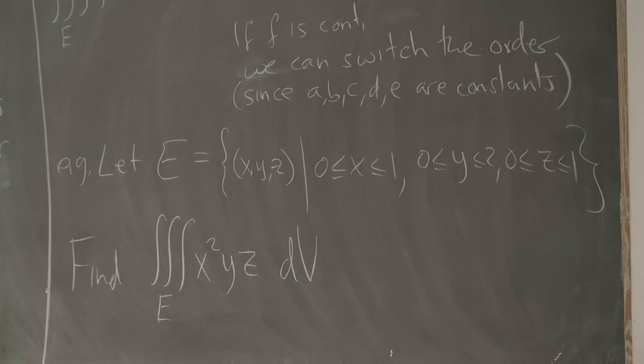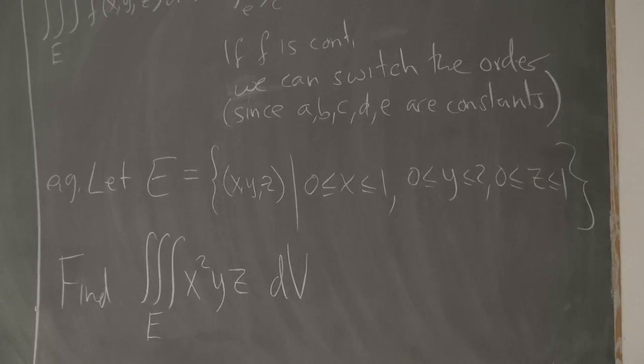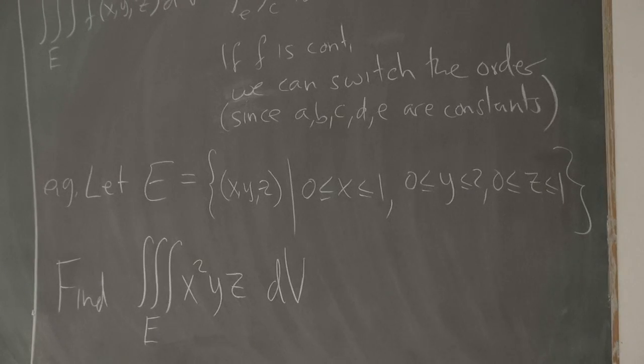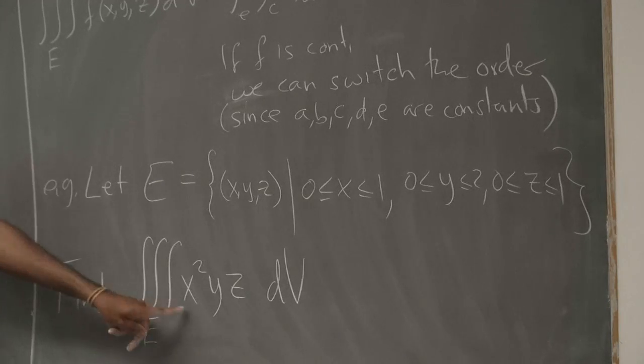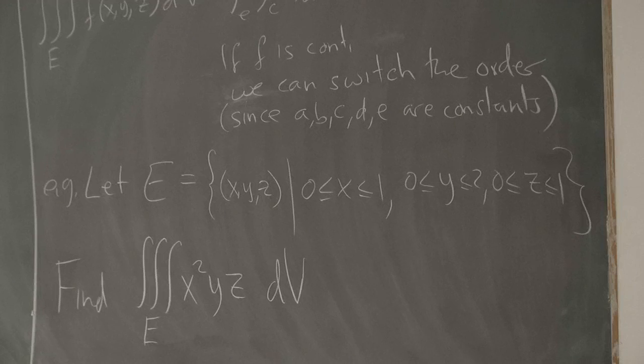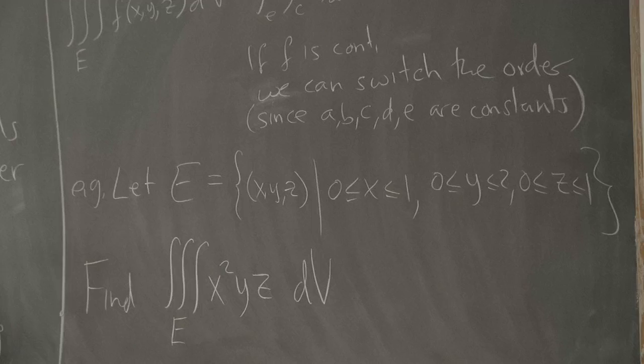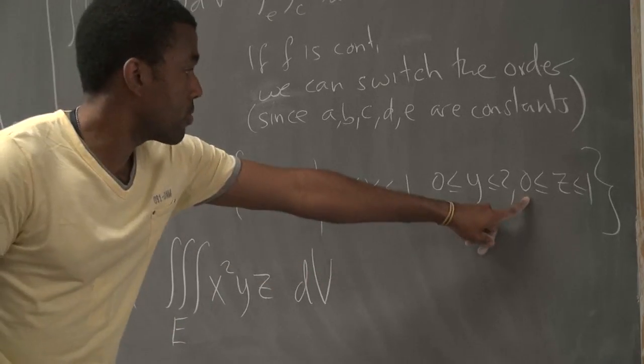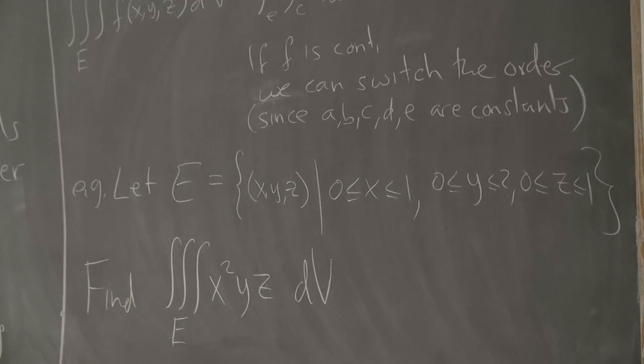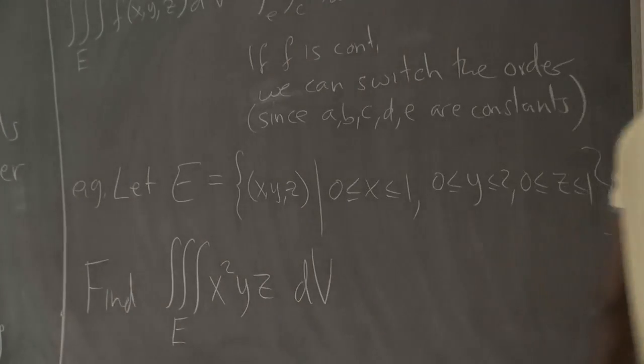So the physical, quote-unquote, interpretation is that this is finding a hypervolume, the hypervolume in the fourth dimension under this surface. It's sort of weird to think about. But what's the limit for z? 0 to 1. X is between 0 and 1, y is between 0 and 2, and z is between 0 and 1.